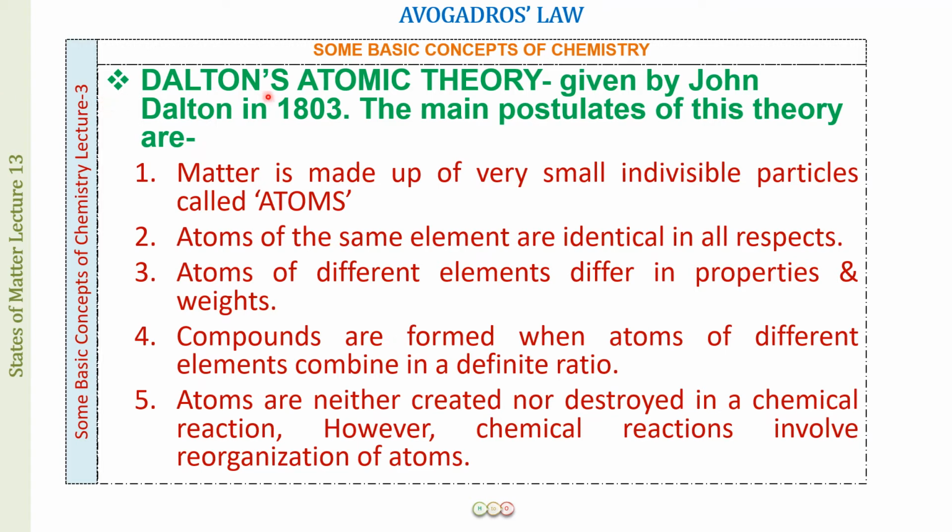When we talk about Dalton's atomic theory, what is important for us as far as this law is concerned is that Dalton said that matter is made up of very small indivisible particles called atoms. The limitation of his theory was that he could not differentiate between atoms and molecules.